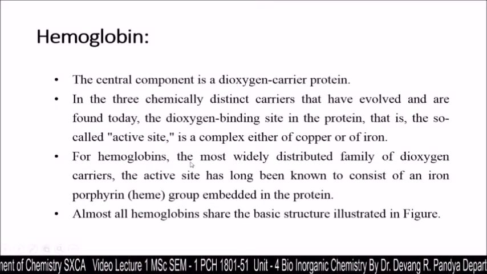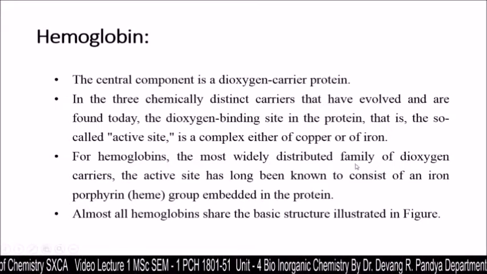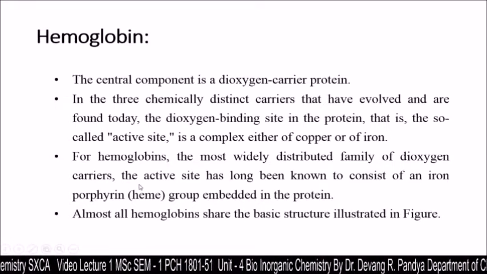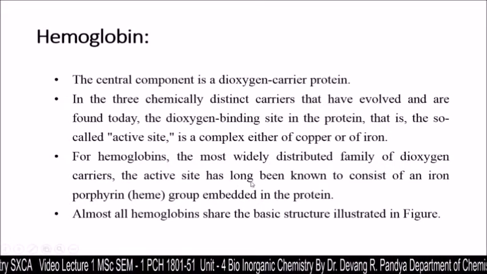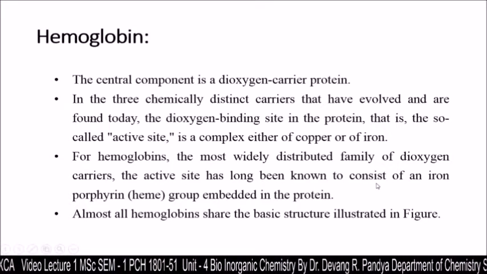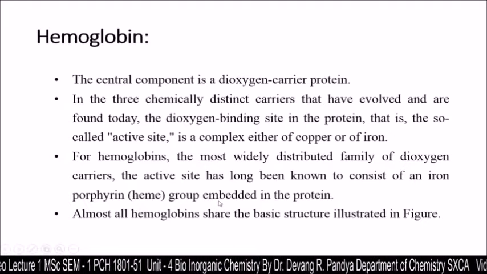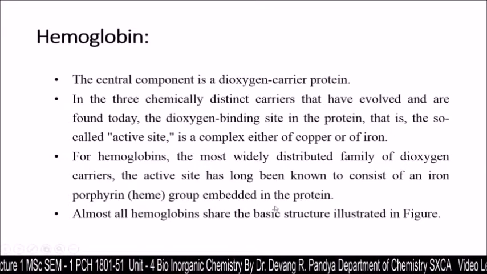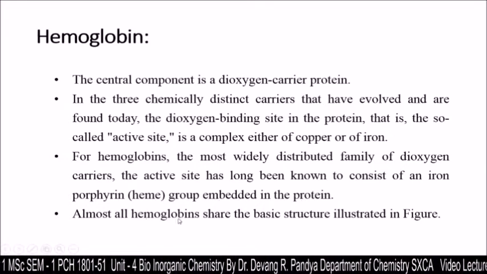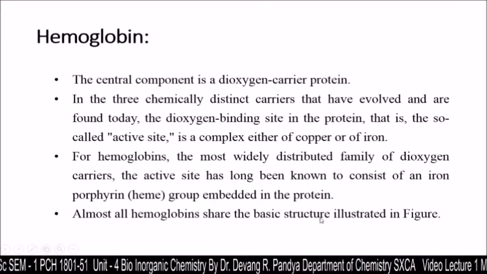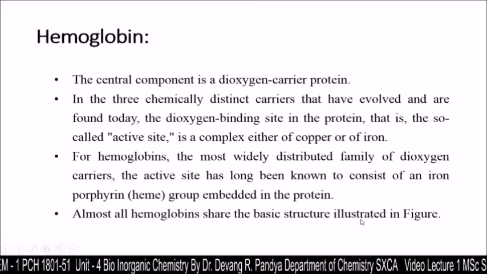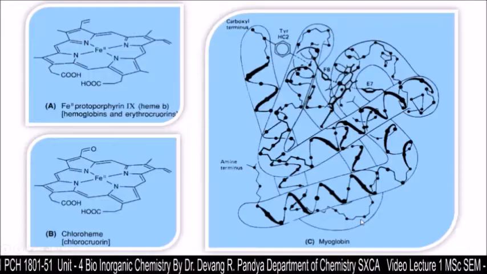For hemoglobins, the most widely distributed family of dioxygen carriers, the active site has long been known to consist of an iron porphyrin, that is the heme group, embedded in the protein. Almost all hemoglobins share the basic structure illustrated in the figure.